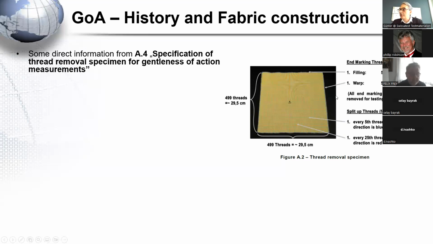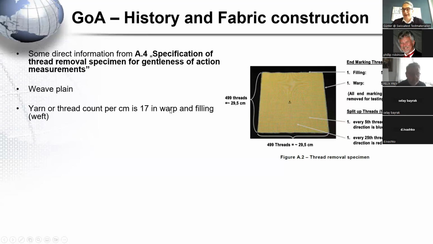These have to be removed for the testing. And you see again what I told you before: every 5th thread in warp and filling direction is blue, and every 25th thread in warp and filling direction is red. Totally it contains 499 threads, 29.5 centimeters length, and these are the dimensions of the square, 9.5 centimeters.